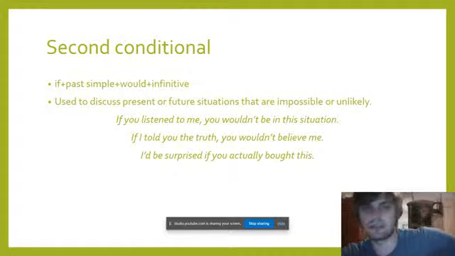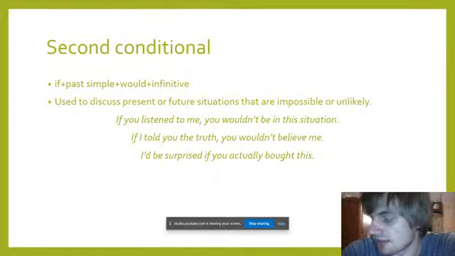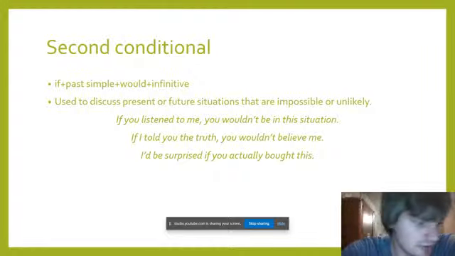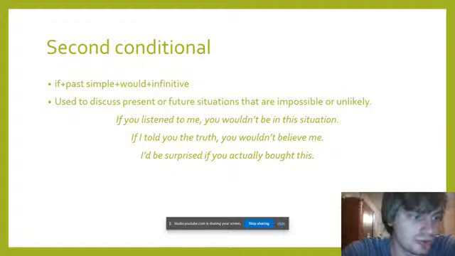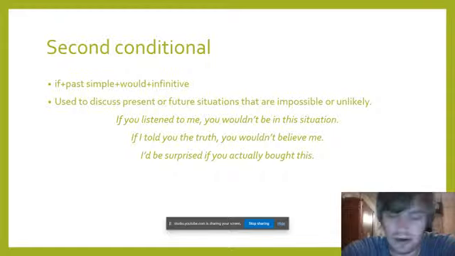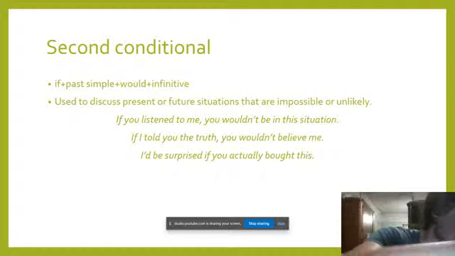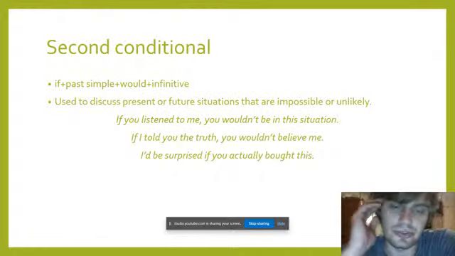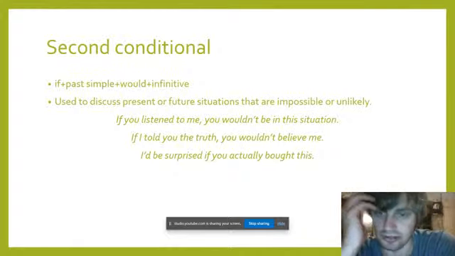Moving forward to the next example: if I told you the truth, you wouldn't believe me. Again, there is something that the speaker is not telling the listener, in order to save the listener's mental state, or for whatever other reason they choose not to, because the listener would think that the truth would be pretty ridiculous, to put it harshly.